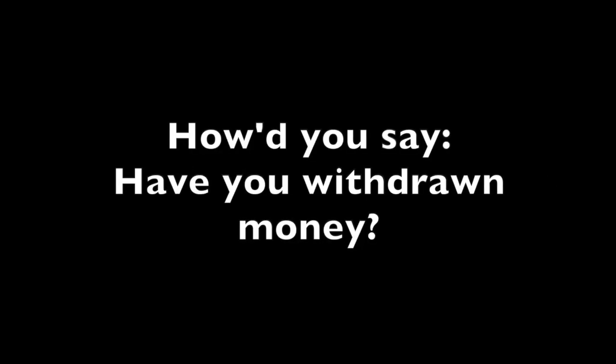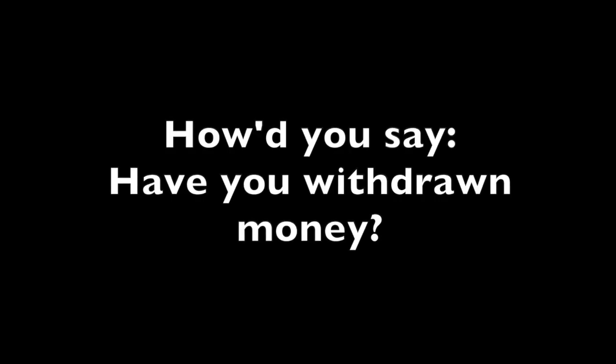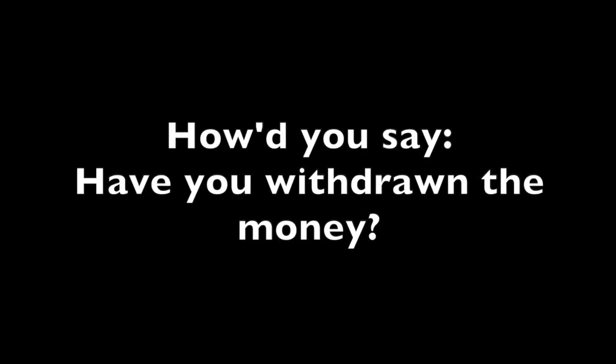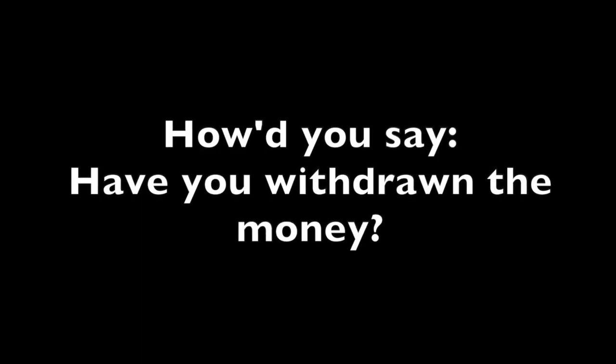Ich habe Geld abgehoben. How would you say, have you withdrawn money? Hast du Geld abgehoben? How would you say, have you withdrawn the money? Hast du das Geld abgehoben?